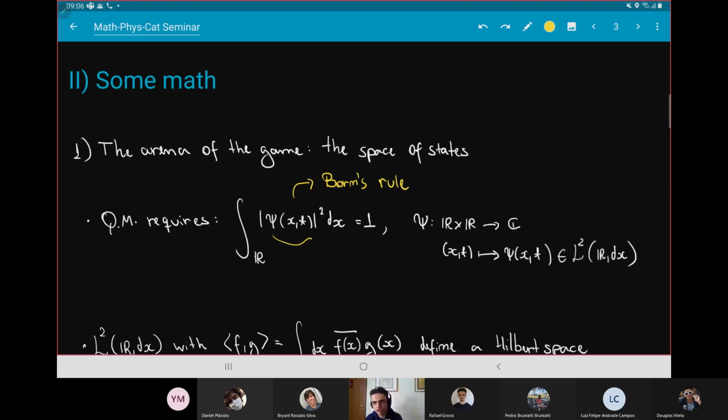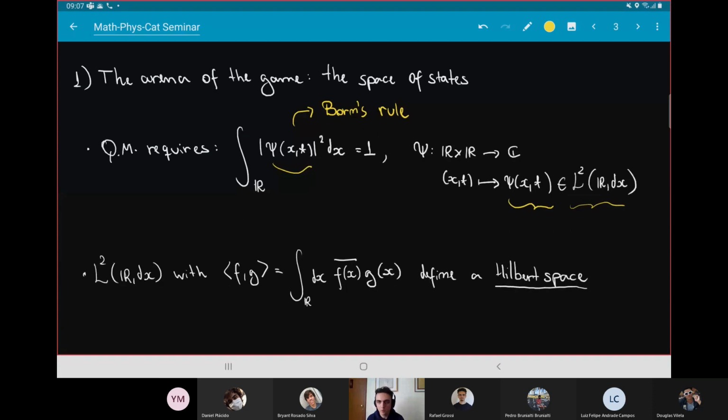In order to do that, our wave functions must be part of the space of square integrable functions, which I've represented here as L squared of R, dx. If we equip such a space with an inner product, we get the structure of a Hilbert space. A Hilbert space is basically a vector space in which you can construct an inner product, which defines a metric inside your space.